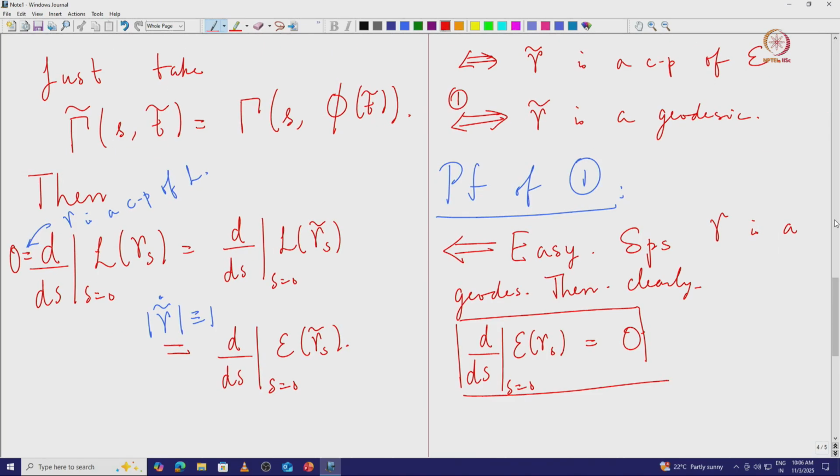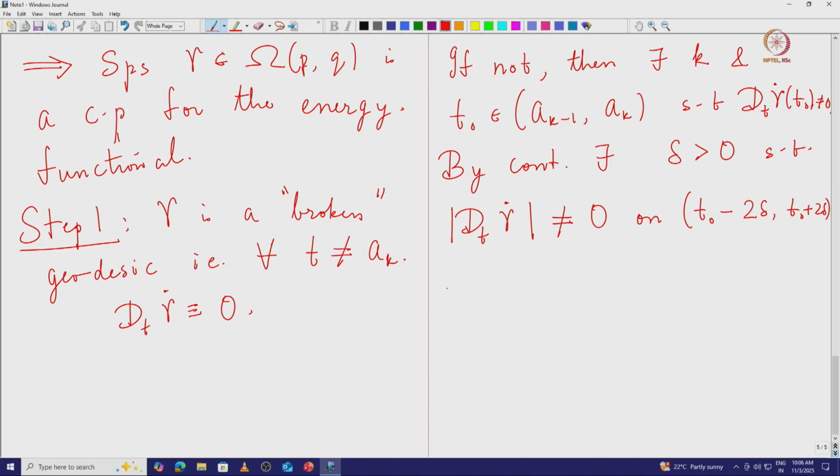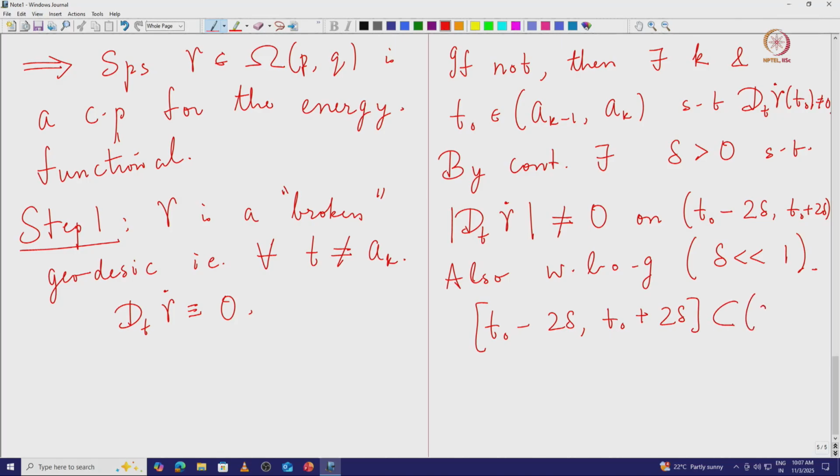Okay. Also without loss of generality, by choosing delta to be really small, we can assume that this entire closed interval is contained inside a_{k-1} to a_k. So, that gamma is smooth on this entire closed interval. Okay.